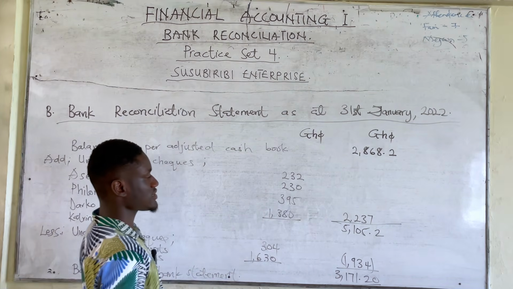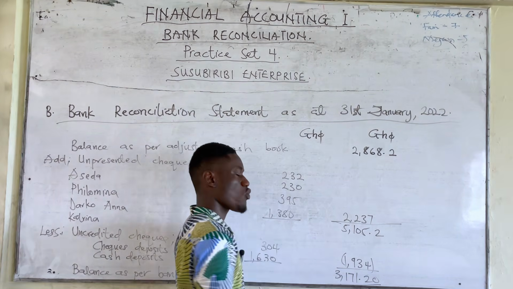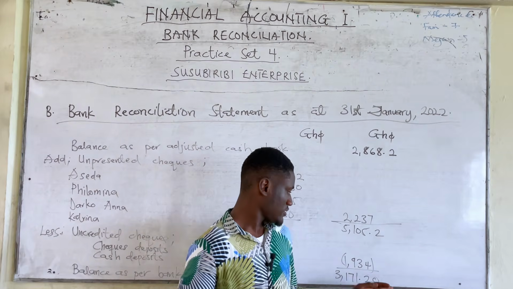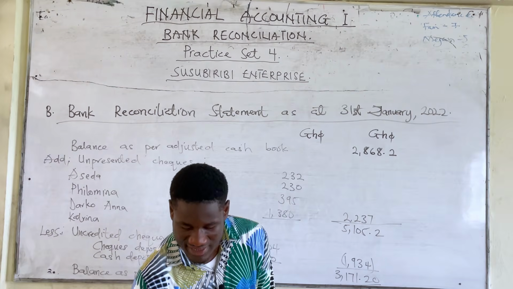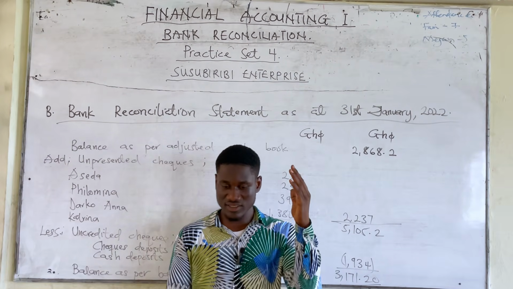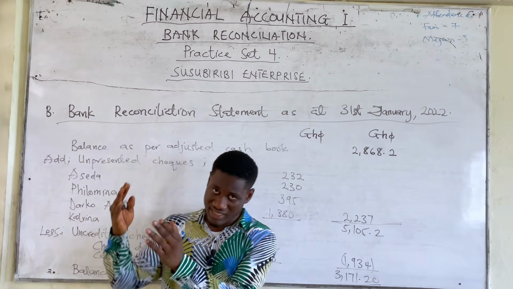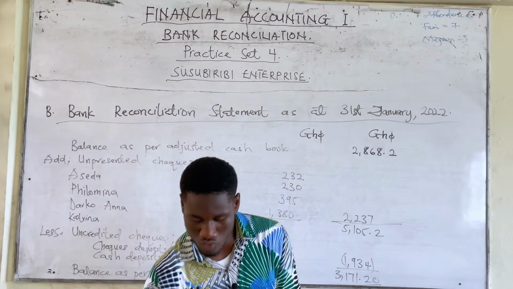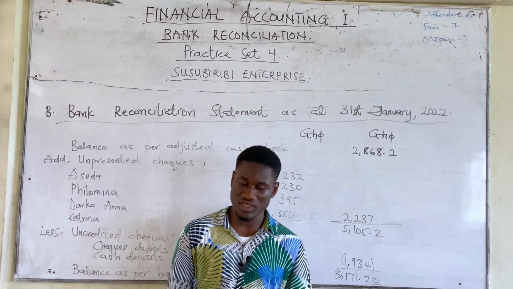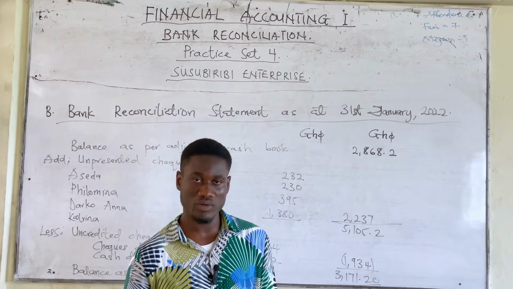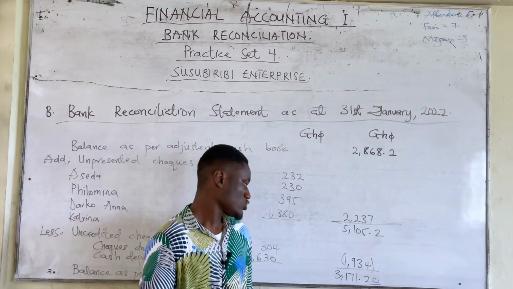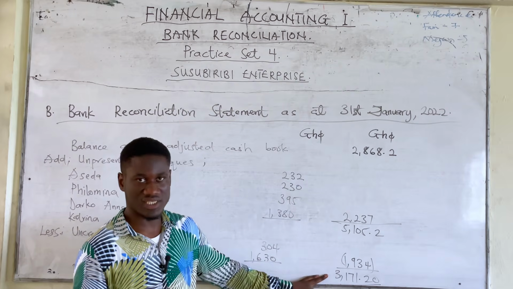You could see that this balance was the balance we had in the bank statement. There is a debit side and a credit side, and there is a balance there. At the end of the month, the balance in the bank statement was 3,171.2. Good. So after everything, that's what you should get.